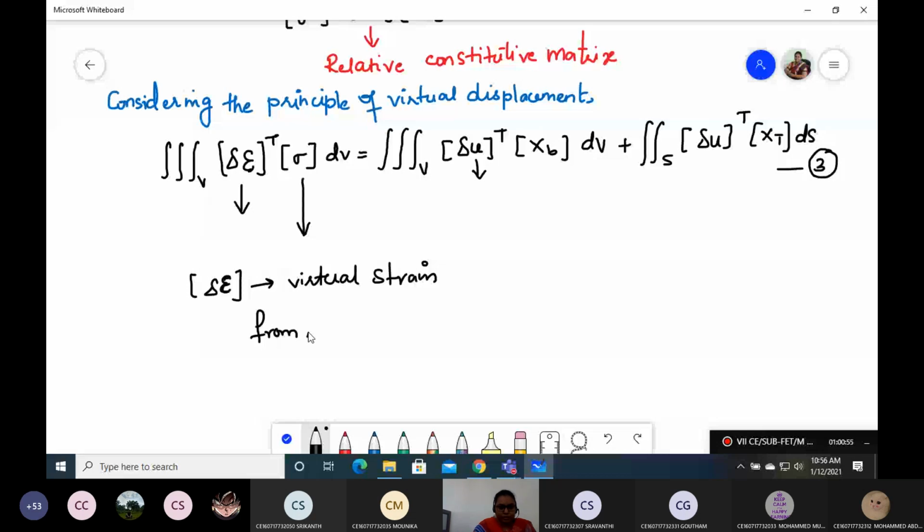From equation 2, what do we have? Epsilon matrix is equal to B matrix into DE. Is this equation 1? It is equation 1 actually, not equation 2. From equation 1.